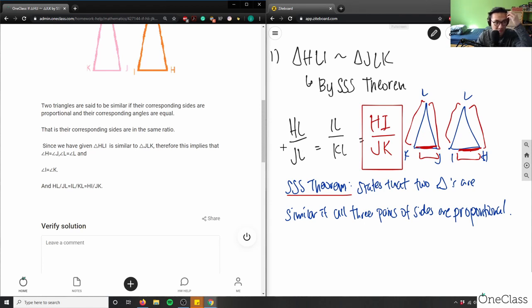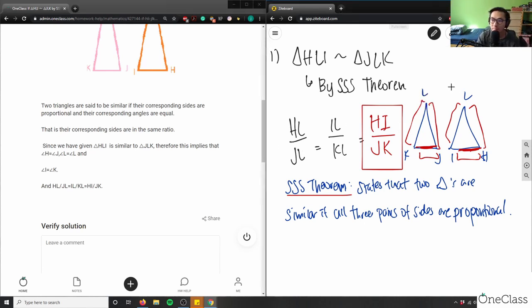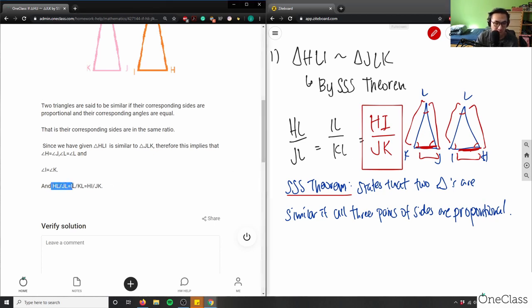So they broke it down even further, and they even talked about angles. They said angle J is equal to angle H, angle L is equal to angle L, angle K is equal to angle I. So therefore they wrote this here, and because HL over JL equals IL over KL, it also equals HI over JK, which is exactly what I wrote here.